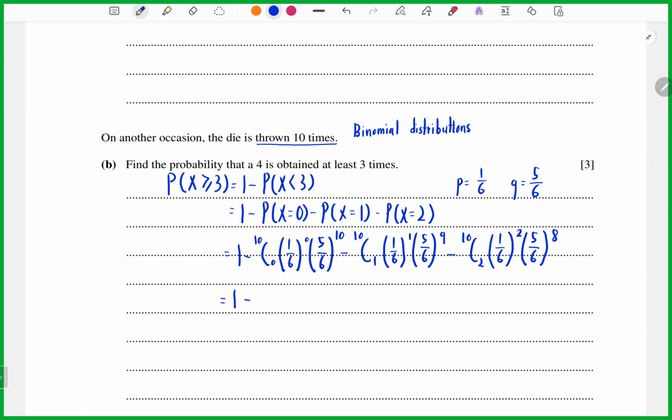Okay, let's find the values. Here you will get minus 0.16151, minus 10C1 multiplied by 1 over 6 multiplied by 5 over 6 to the power 9, which gives 0.3201, and here is 0.29071.